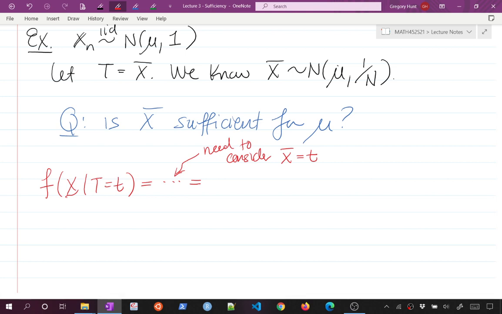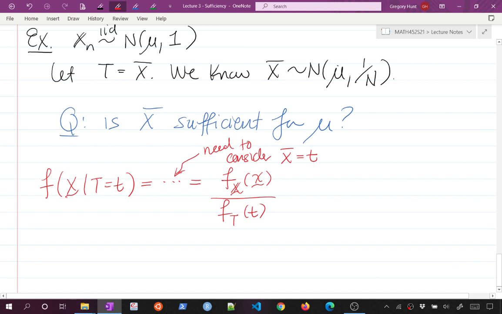Okay. So we can skip our steps, and we run into the same situation we've had before, where we end up looking at this ratio. In this case we'll leave it at t, it's x bar.